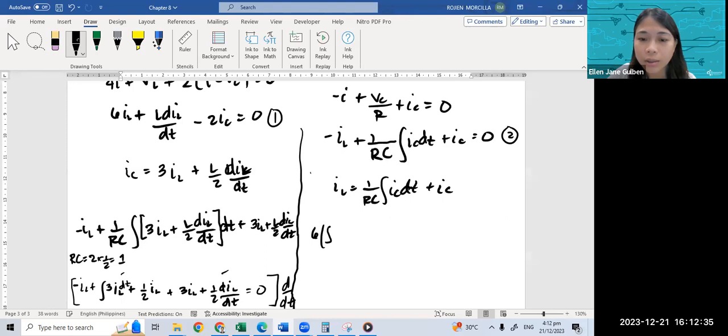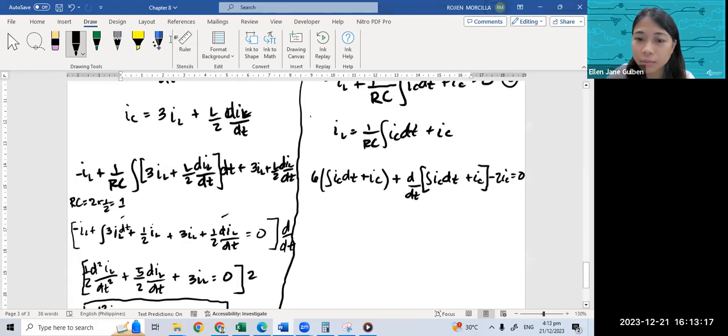So we get integral of IC dt plus IC plus L is 1. So we have the DIL and dt. We have integral of IC dt plus IC minus 2IC equal to 0.